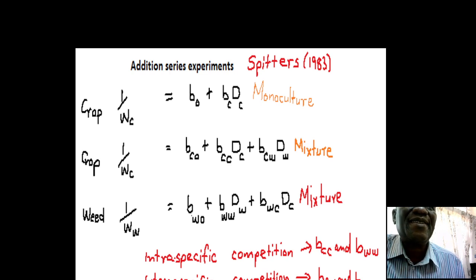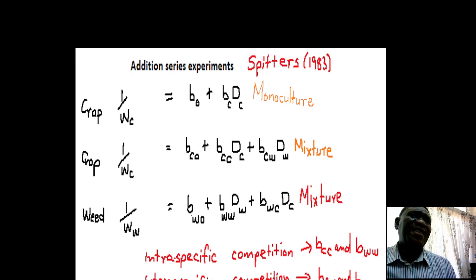That will give us interspecific competition. So the advantage of the addition series experiment is that you can determine interspecific competition as well as intra. You can determine intraspecific competition as well as interspecific competition.